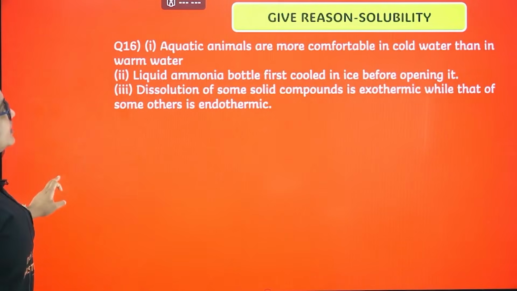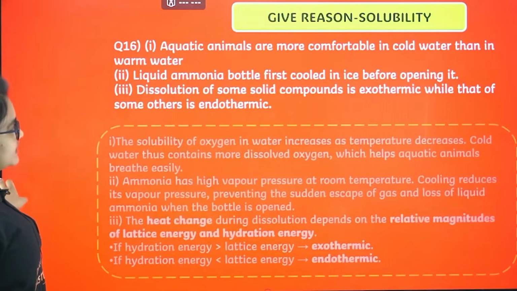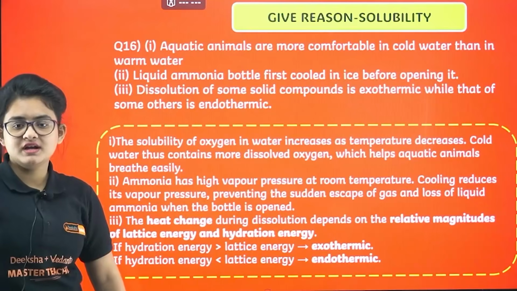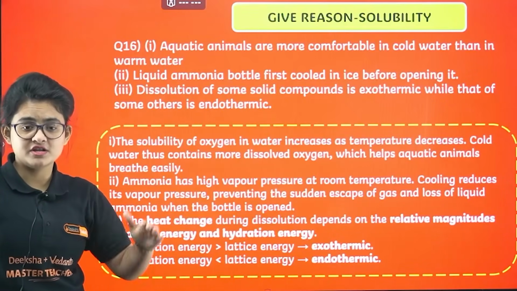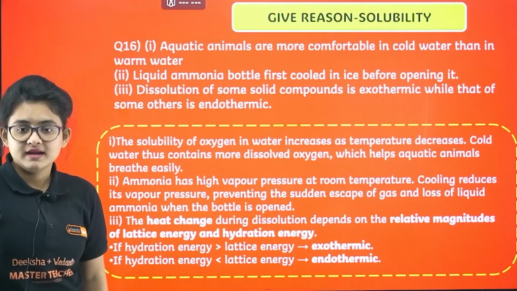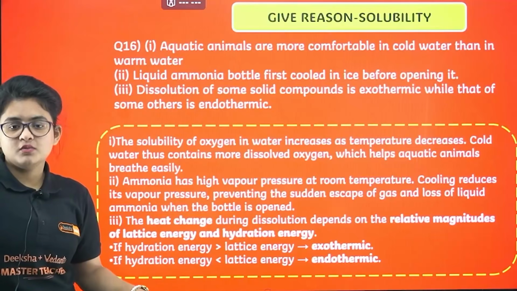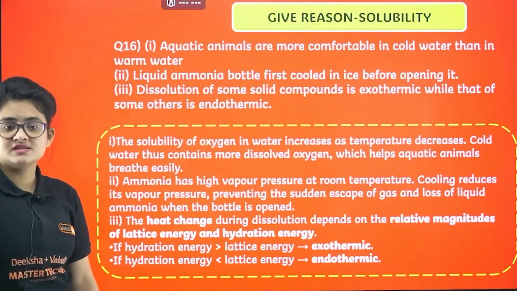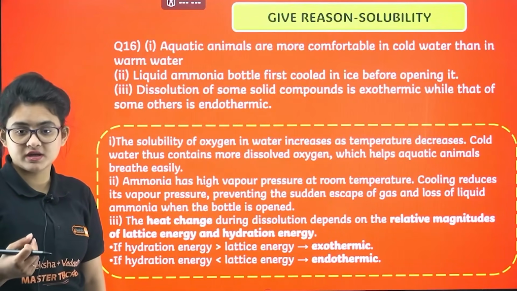Next, a liquid ammonia bottle is first cooled in ice before opening it. Basically, ammonia has high pressure at room temperature because it is very volatile, right? If you cool it down, the vapor pressure reduces. If the vapor pressure reduces, then whenever you open the knob, it prevents the sudden escape of ammonia gas.